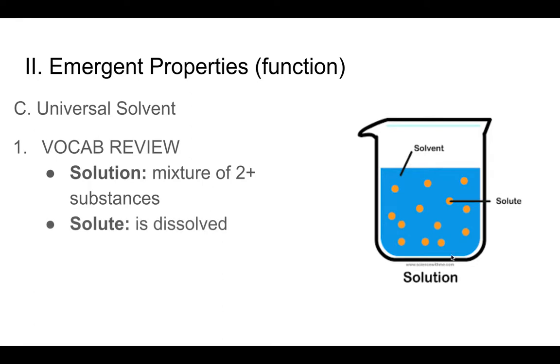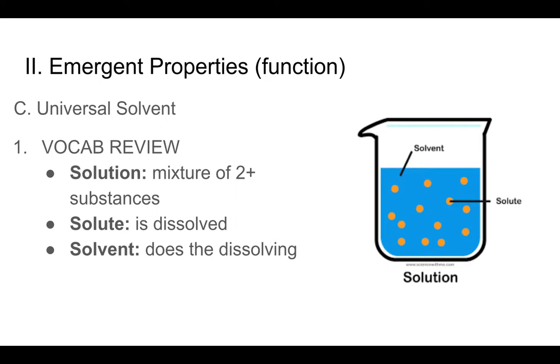In this case, specifically, you have a solute that is being dissolved and you have a solvent that does the dissolving. So our connection here to water is that water is the universal solvent. It really can dissolve most things. And so we'll address that and talk about that as we move forward.